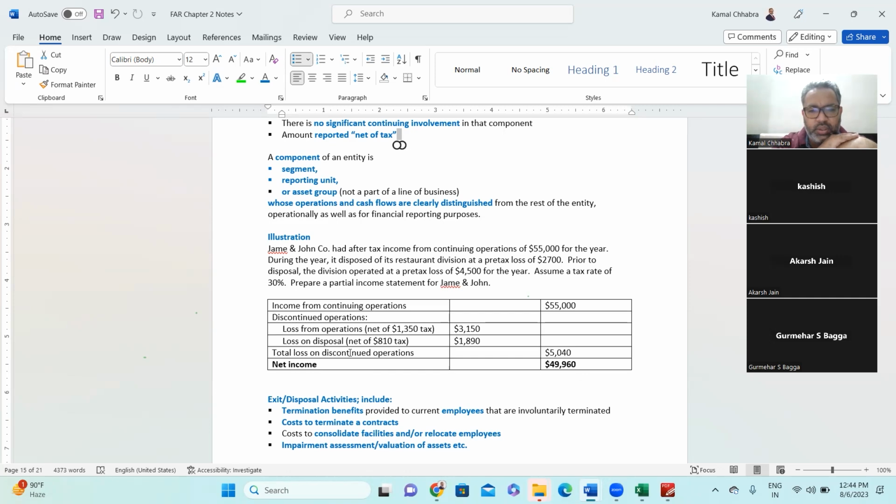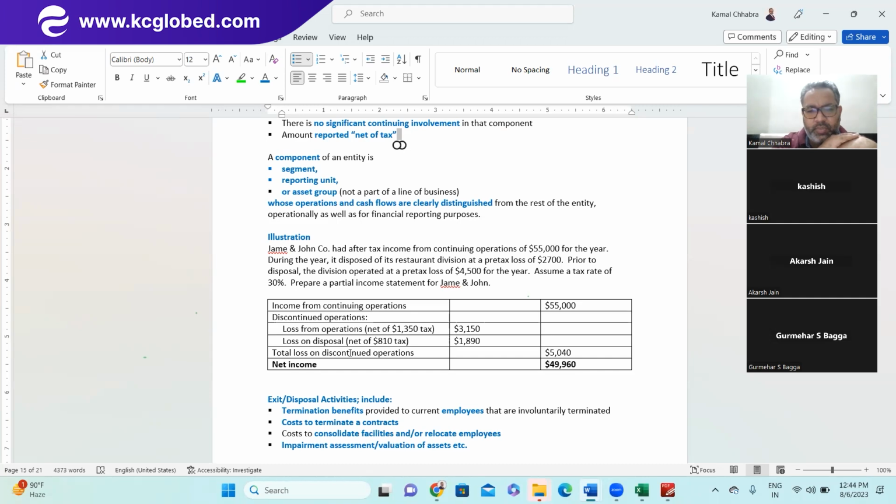Prior to disposal, the division operated at pre-tax losses of $4,500 for the year. Assume the tax rate is 30%. Prepare a partial income statement of James and John. So income from continuing operations, they have $55,000, and discontinued operation, loss from the operation, which is 2,700.